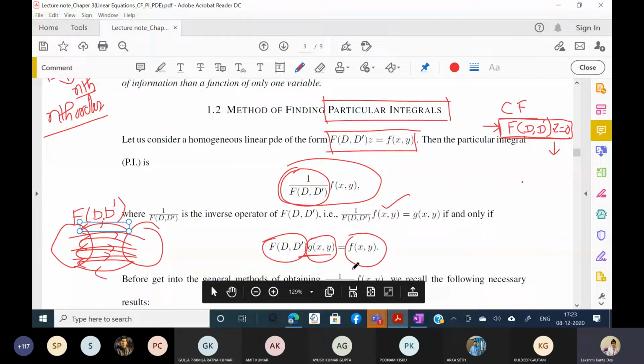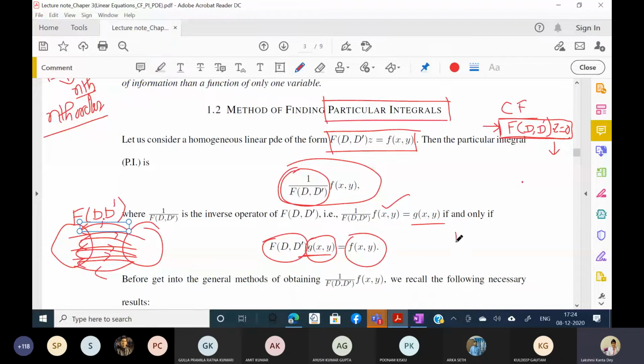That is what the inverse operator is. That function is regarded as your particular integral, in short we write PI, particular integral.